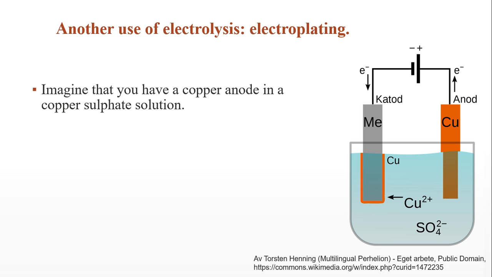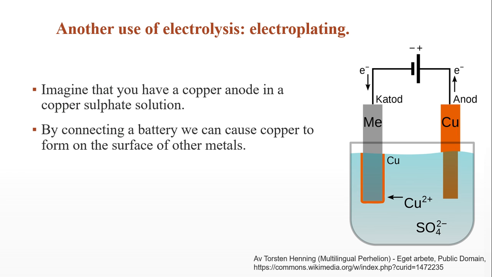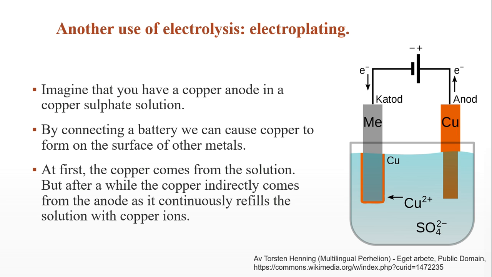And here is another very interesting use of electrolysis. It's called electroplating. So imagine that you have a copper anode in a copper sulfate solution. You add a battery and a metal cathode. Then you can force copper to cover the surface of the other metal. At first, the copper will come from the solution as we build up electrons in this electrode over here.